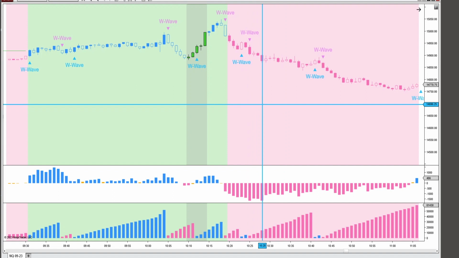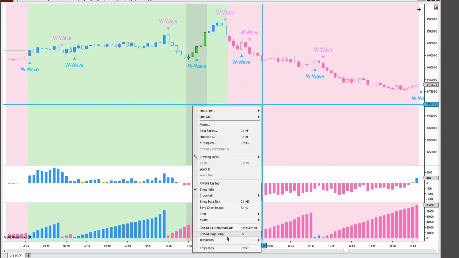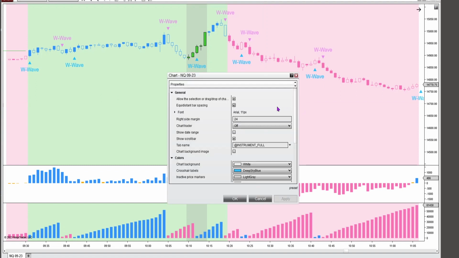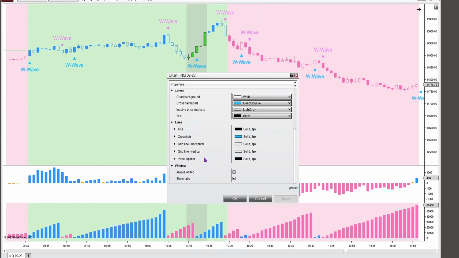So something that I do is if you right click on your chart, click on properties, scroll down to the bottom, you can uncheck the show tabs, which will get rid of this tab at the bottom of the screen and give you more chart space.